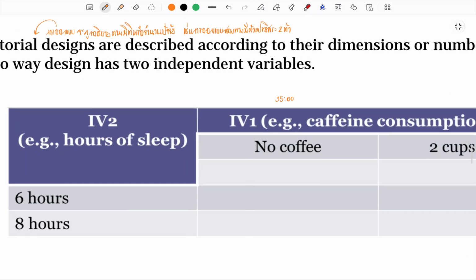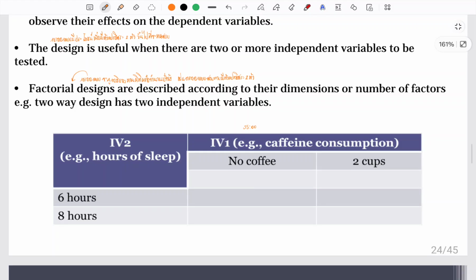So this design will be helpful if you have more than one independent variable to test. In your future research, is anyone planning to have more than one independent variable in your study?